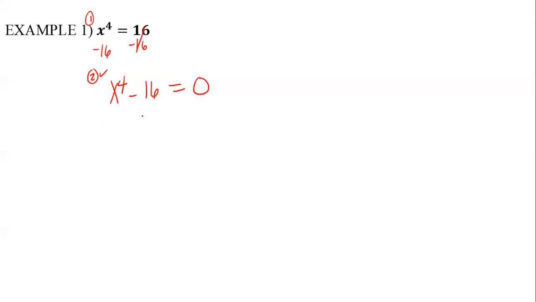So looking at this, I noticed that, oh, interesting. x to the 4th and 16 are being subtracted, and they are perfect squares. Well, I did learn a previous factoring technique. That's the difference of two squares.